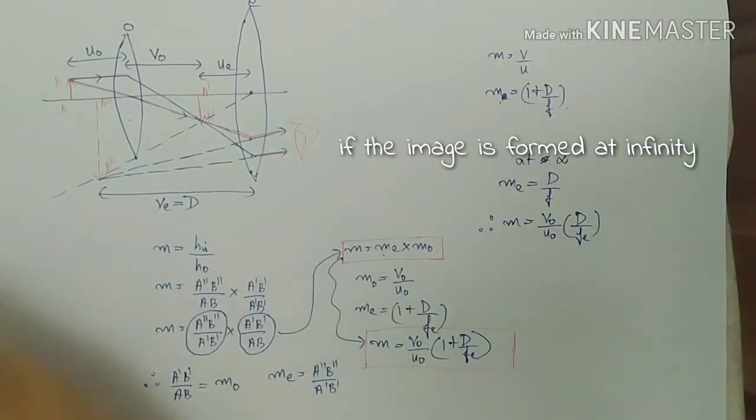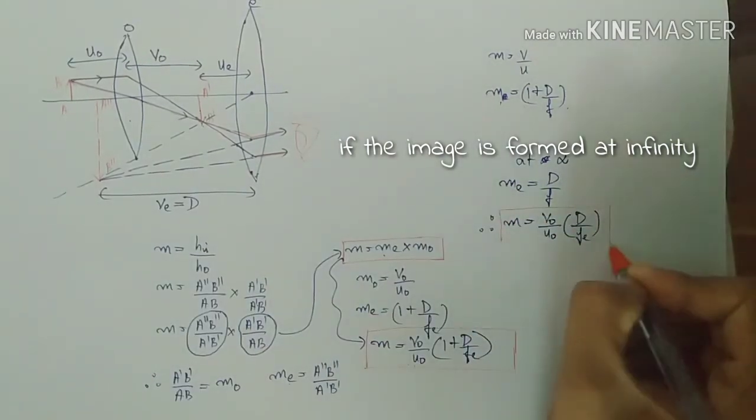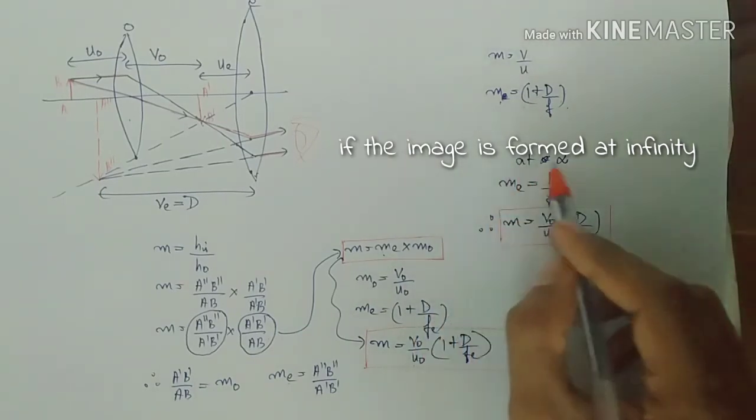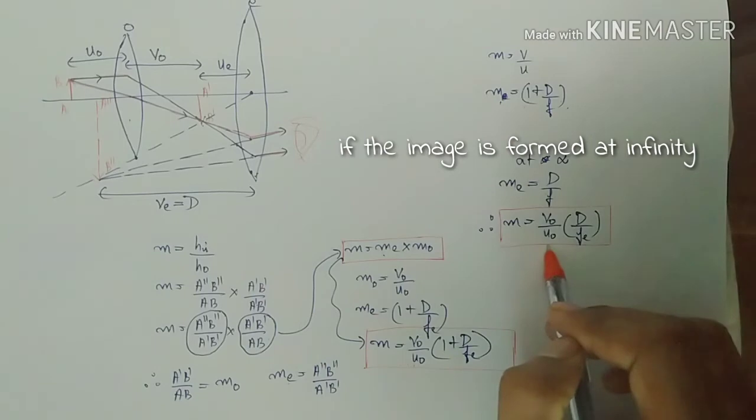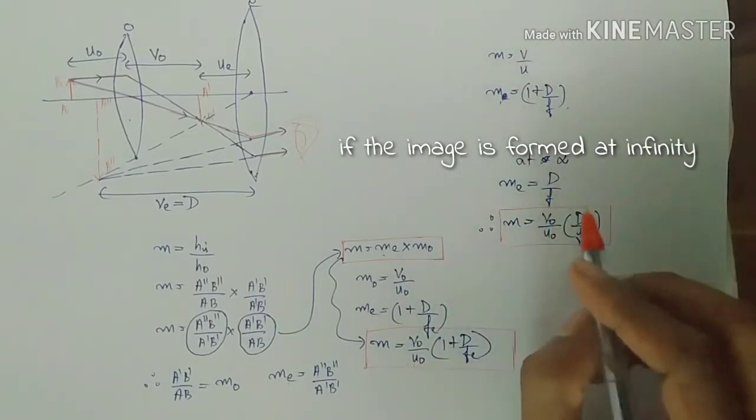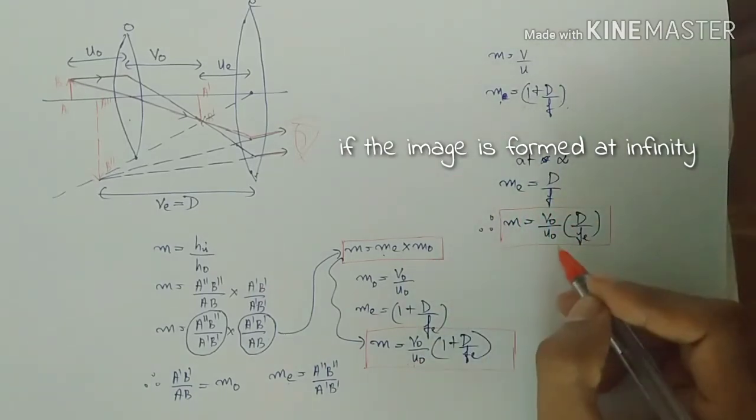This is the magnifying power at image at least distance of distinction.